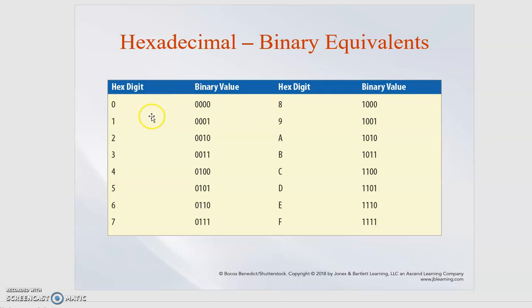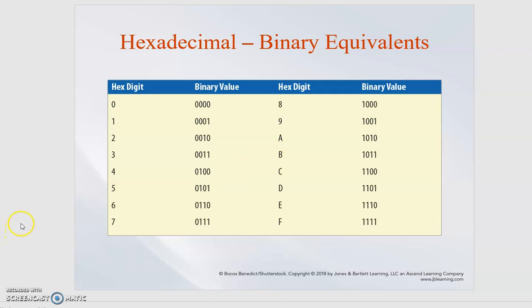So digit 0 in hexadecimal represents a binary of 0000. Hexadecimal 1 is binary 0001. All that you can see, 3 is here, 4 is here. When it comes to characters, hexadecimal, as we know, 0 to 9 plus another 6 more, right?